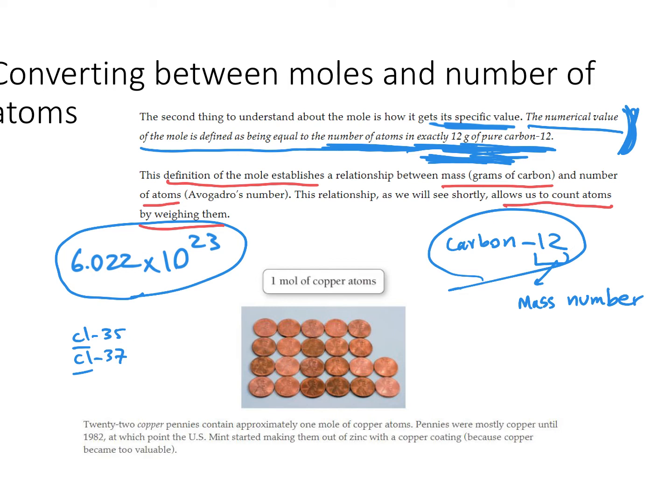Remember at the beginning of the semester, I told you that weight and mass are two different things. But in this context, when we say molecular weight and molecular mass, they are the same thing. Because of this definition, we can convert mole to number of atoms, and we can convert mole to gram, and we write different conversion factors to do that.